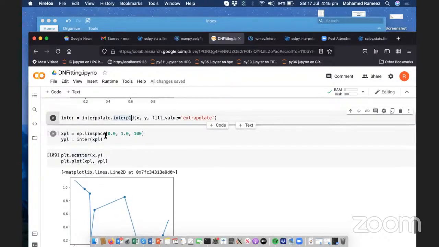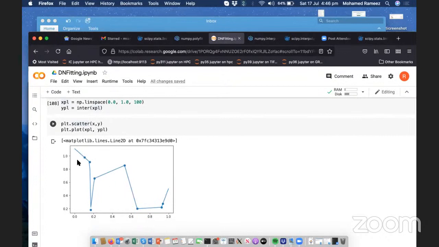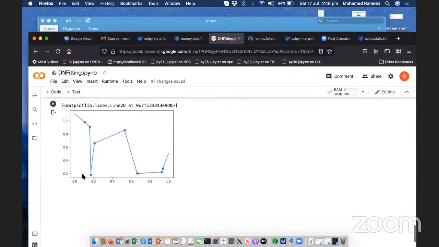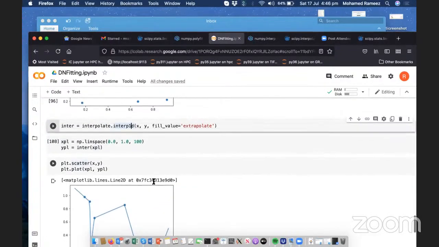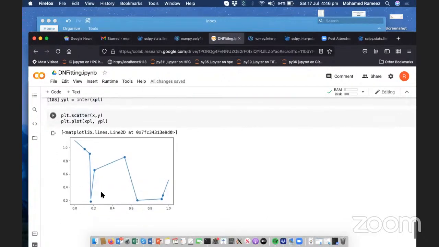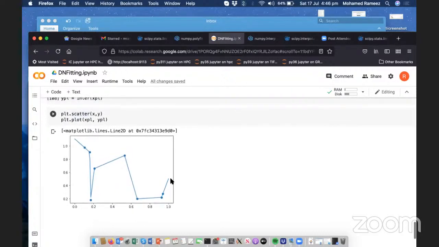And now I essentially have a function which at every point is determined by a line that is defined by the point that is just to its left and just to its right. So this allows me to interpolate between any sets of values. And you notice that your interpolating function now looks like this if I visualize this.